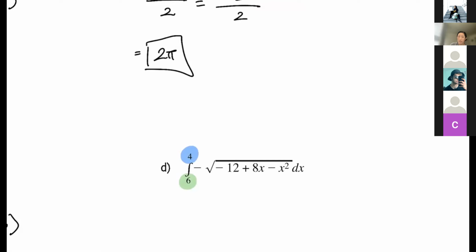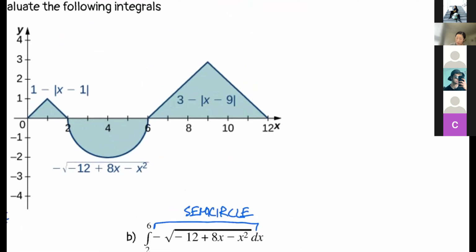So knowing that we're starting at 6 and we're going to 4, let's actually draw that on our graph. So if I'm starting at 6, I know that I'm starting here. And when I'm ending at 4, I'm ending here. Okay.